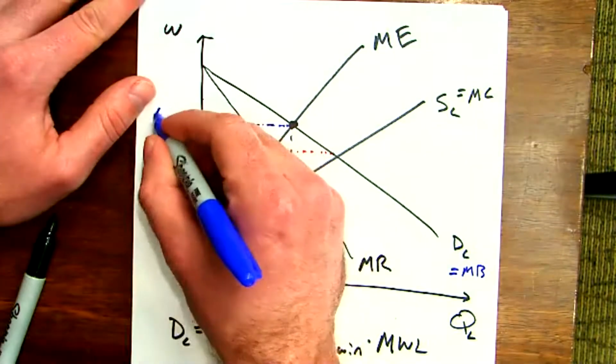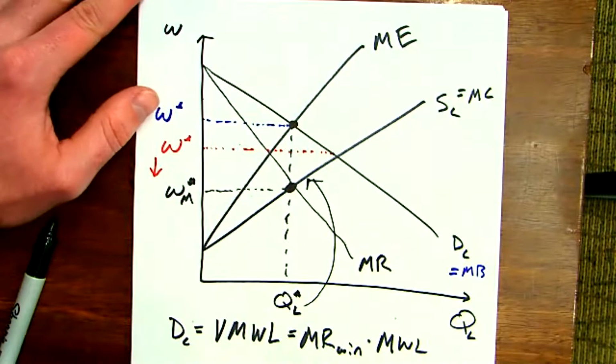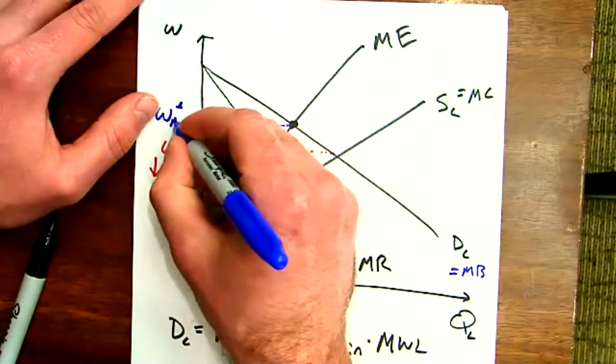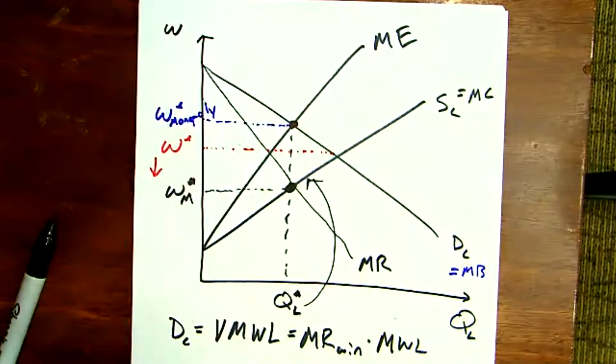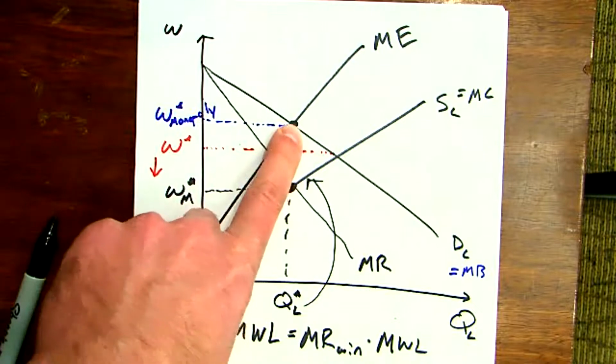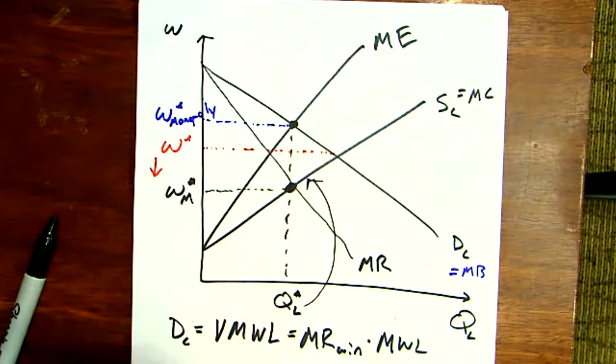So we know that they'd be willing to pay up to this amount. If we just had a monopoly, a monopoly wage there, we know that they would set the wage higher than the equilibrium point if we didn't have any type of monopoly or monopsony power.